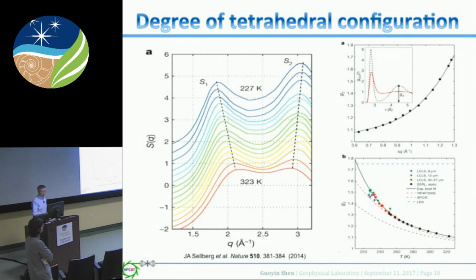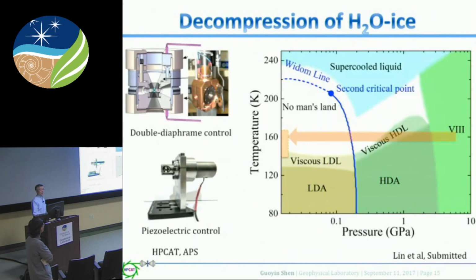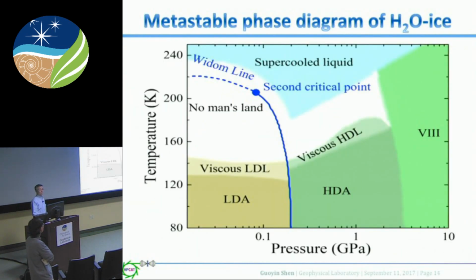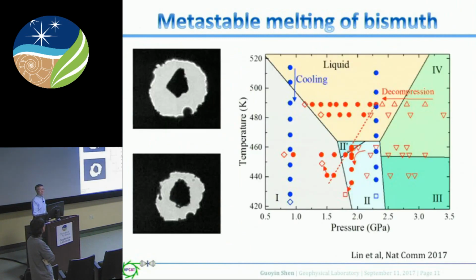In fact, for bismuth, for example, we actually did draw a line. This dashed line is our so-called mapped line for this metastable melting, because as we decompress, the first appearance of the crystalline phase more or less follows this line.